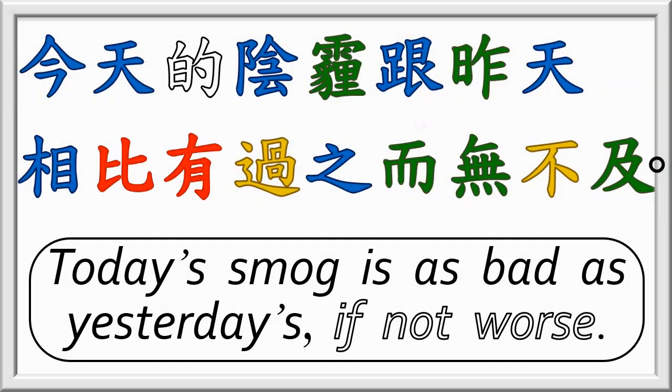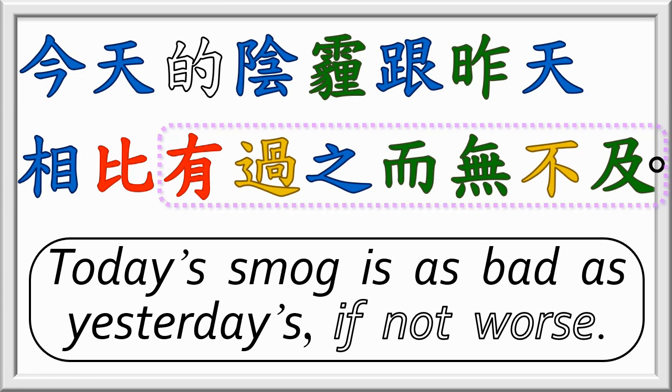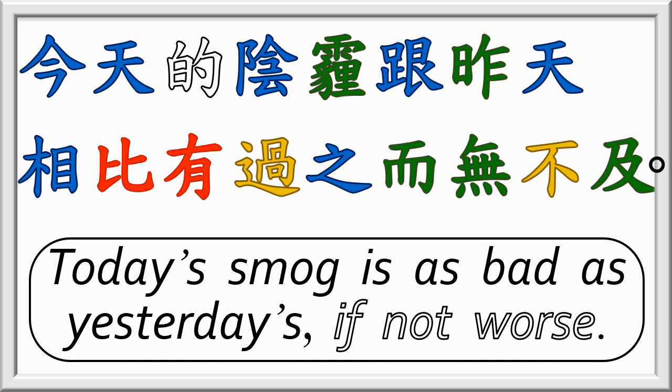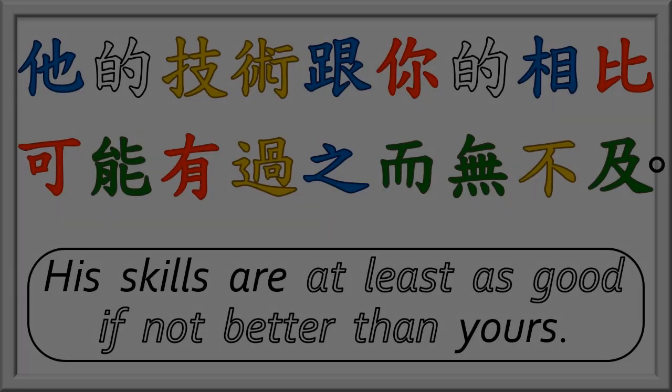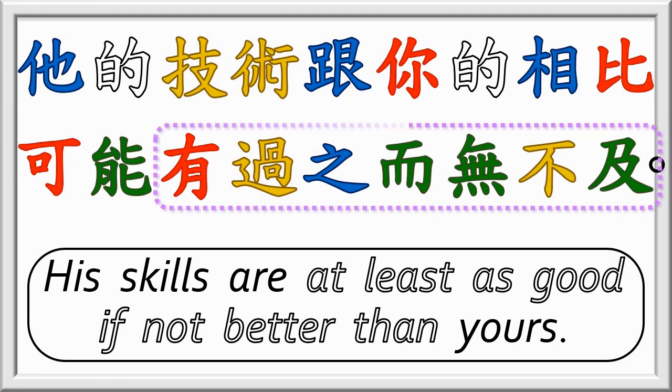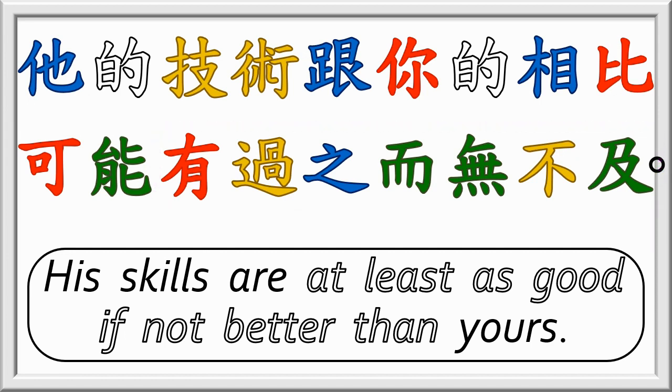It's usually a criticism. 今天的阴霾跟昨天相比，有过之而无不及. Today's smog reading is as bad as yesterday's, if not worse. 他的技术跟你相比，可能有过之而无不及. His skills are at least as good, if not better than yours.